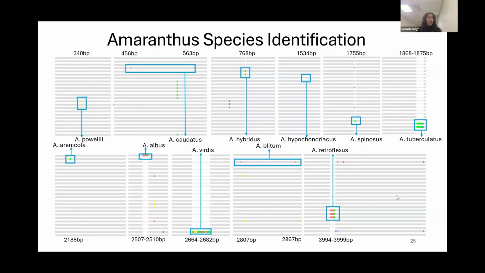Here I'm showing you the 11 of the 13 that we were able to distinguish, and their identifying regions, and the exact location of those regions and the alignments are shown below them. Eventually, we're going to be expanding this macro-barcoding into other species like jointed goatgrass and folding it into our metabarcoding pipeline.